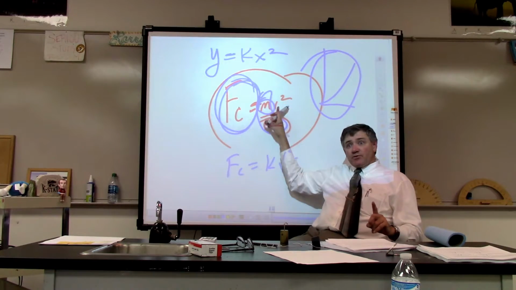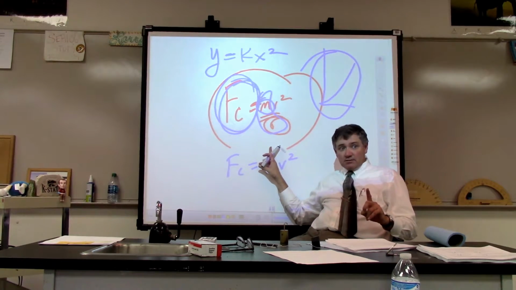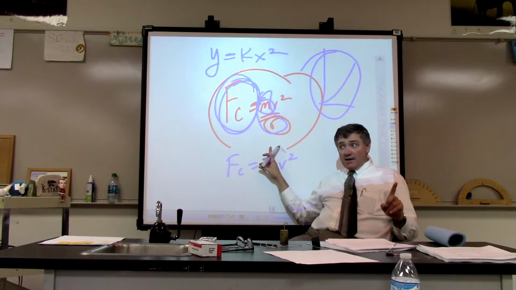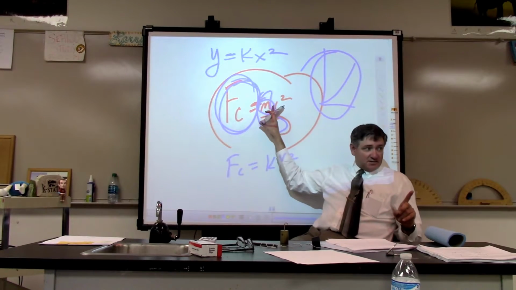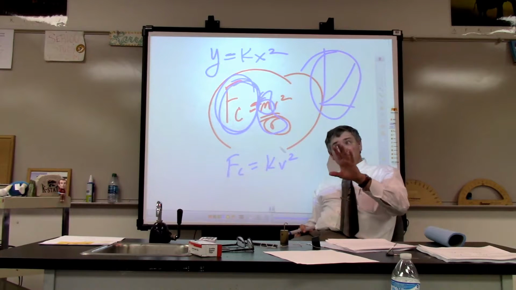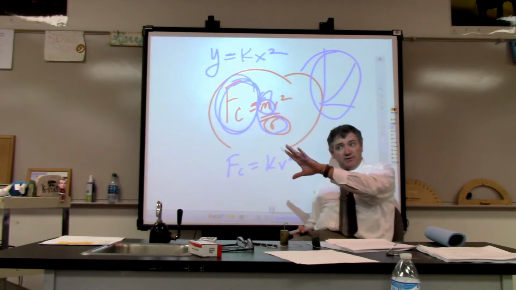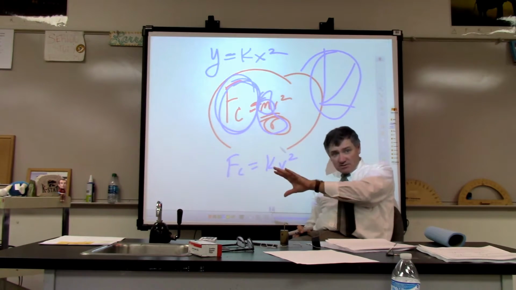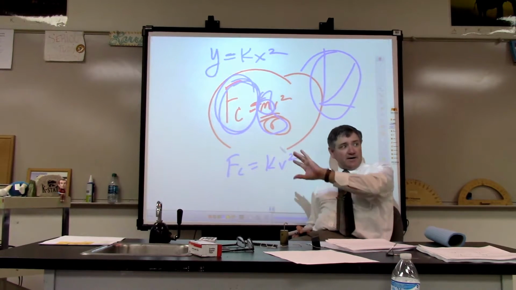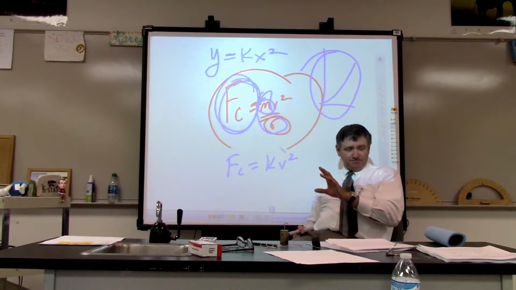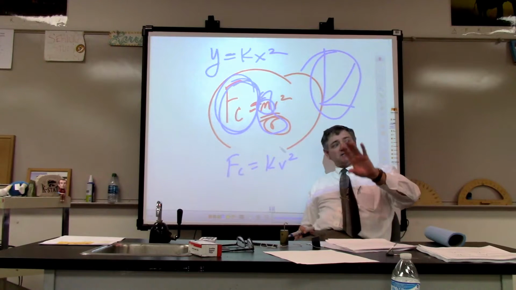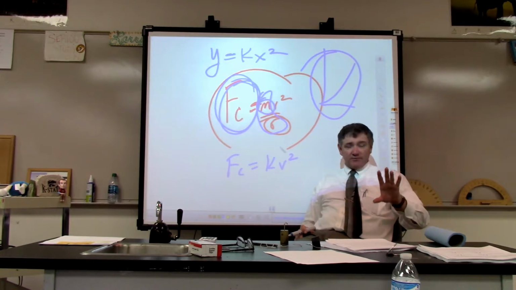Is it going to increase at the same rate? No. Why? Because the velocity is squared. So what you should see as the radius gets bigger, your velocity also gets bigger, but not at the same rate.